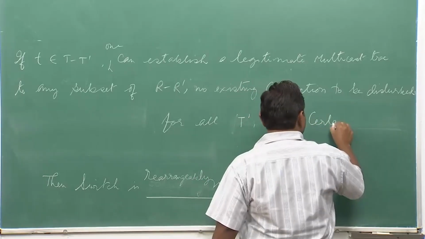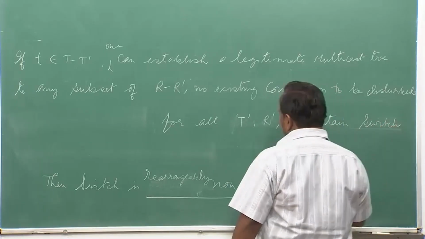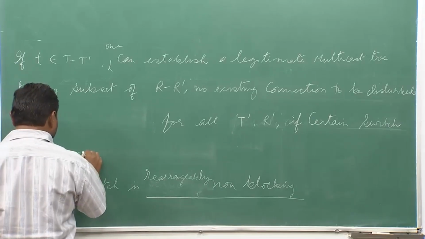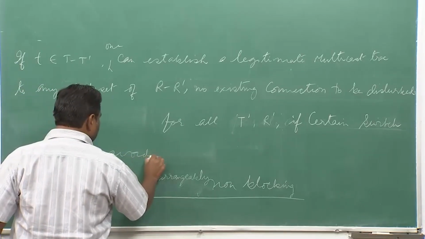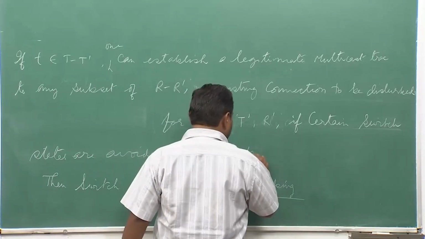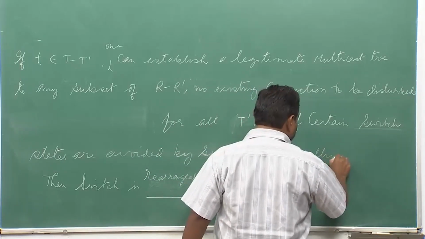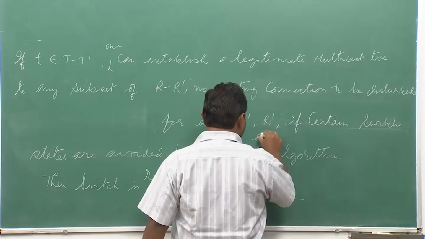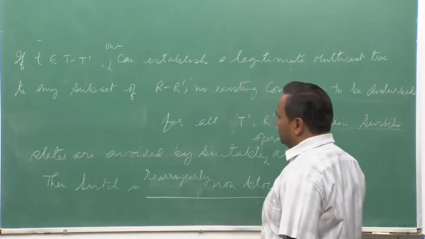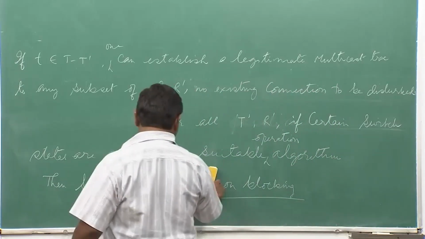If certain switch states are avoided by a suitable algorithm, so there has to be a certain operation algorithm which has to be used, if it is suitable enough, then the switch will be a wide sense non-blocking switch.